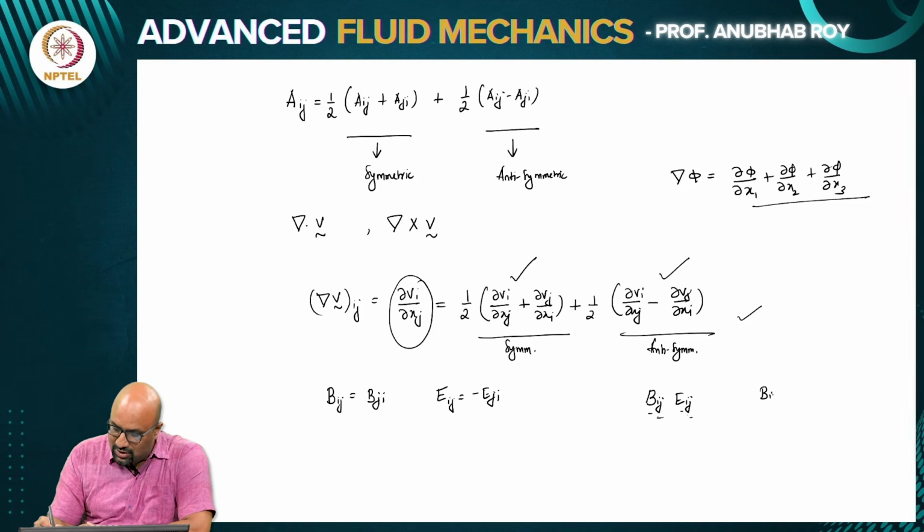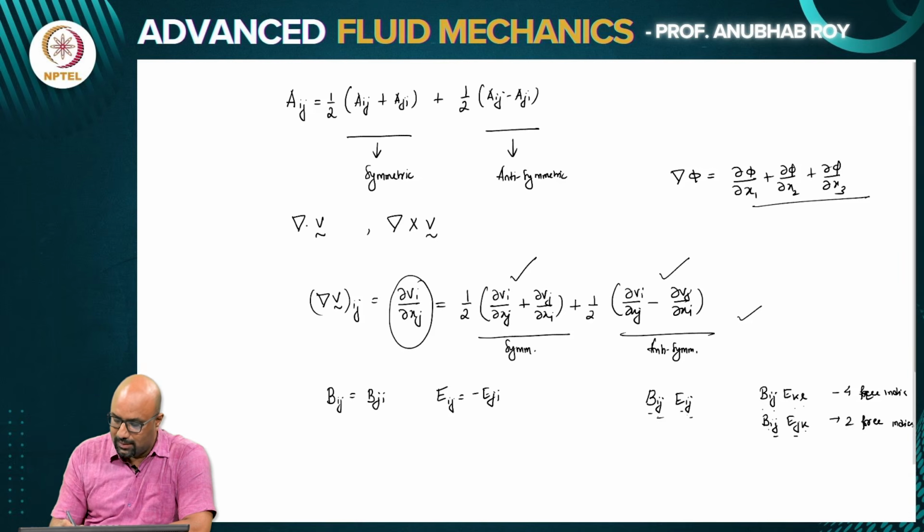So, Bij Ekl, this is an object that has 1, 2, 3, 4 free indices. Bij Ejk has 2 repeated indices, but only 2 free indices. But here Bij Eij, there are no free indices. All the indices that you have here, they are all repeated indices.